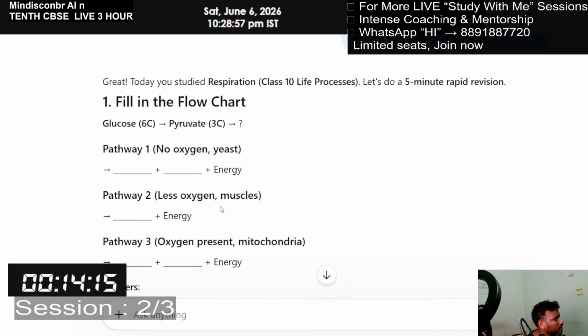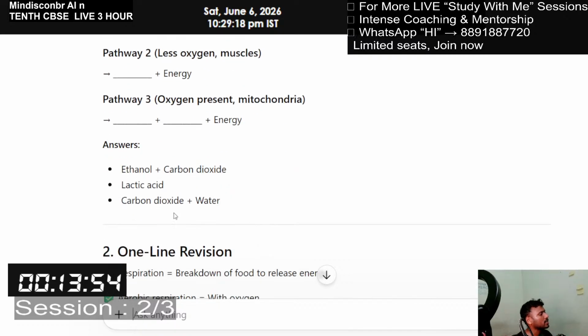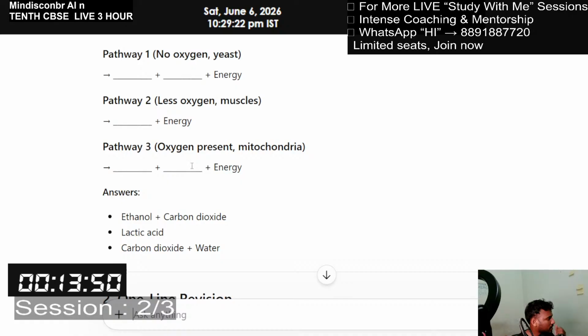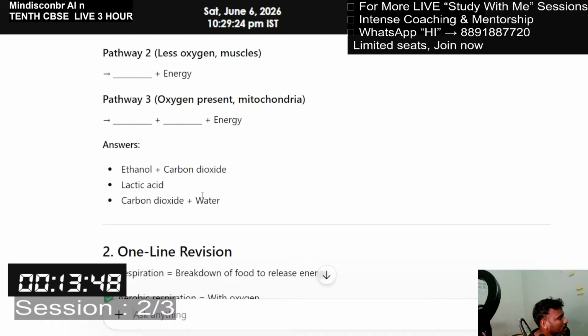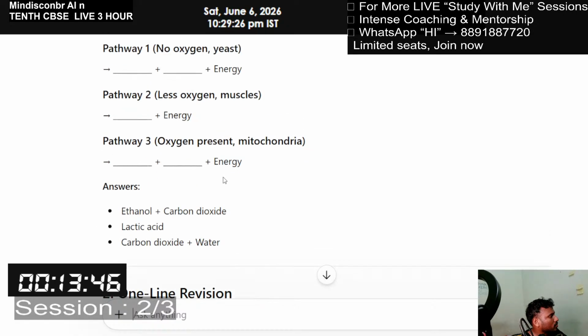And with less oxygen in muscles it creates lactic acid, and when oxygen is present, in mitochondria it creates carbon dioxide, water and energy. First it forms ethanol and carbon dioxide, then lactic acid in muscles, and carbon dioxide and water in the mitochondria or in the presence of oxygen.